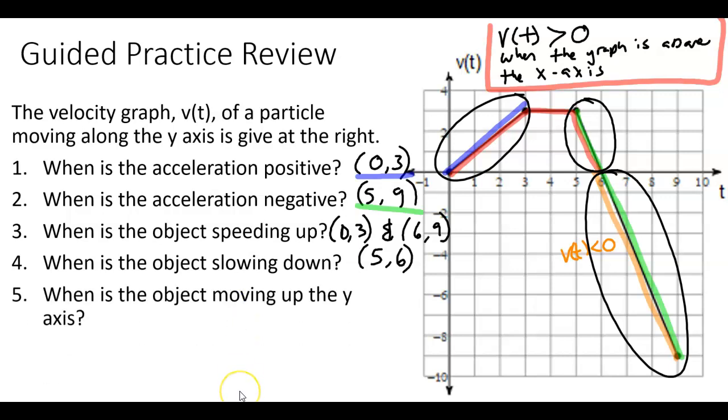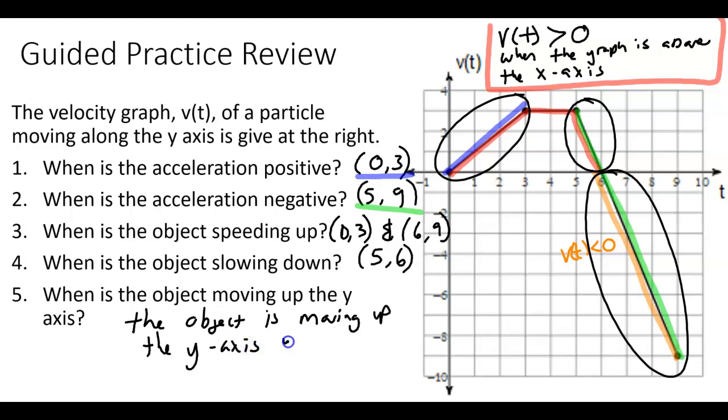When is the object moving up the y-axis? The object is moving up the y-axis when v, the velocity, is greater than 0.